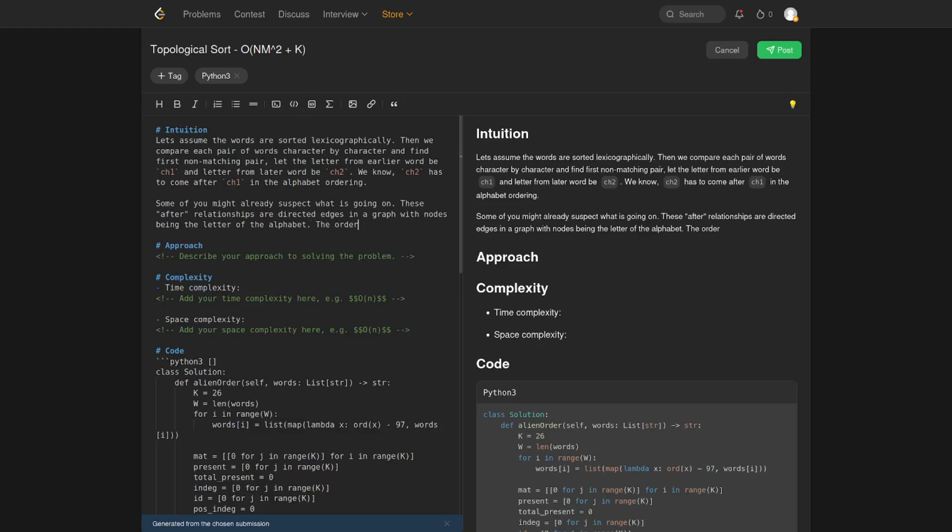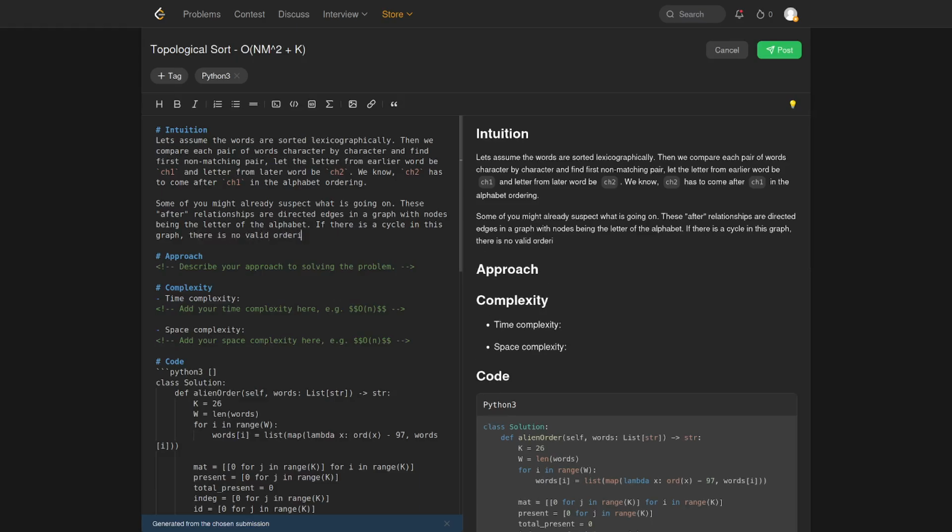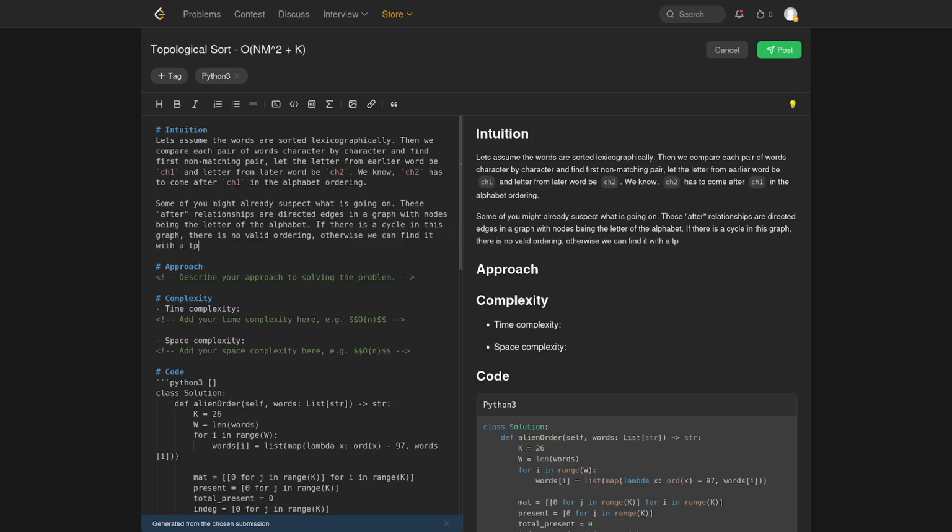If there is a cycle in this graph, there is no valid ordering, otherwise we can find it with a topological sort.